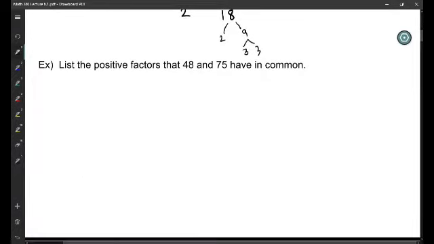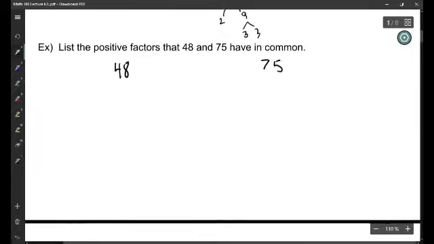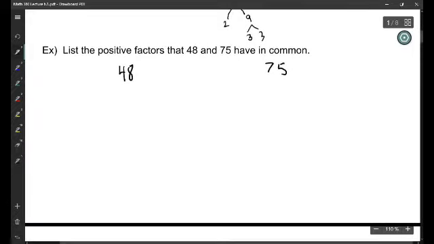Now we're going to list the positive factors that are common between 48 and 75. We can do that with factor trees for the respective numbers. 48 is even, so we know that we can divide it by 2.